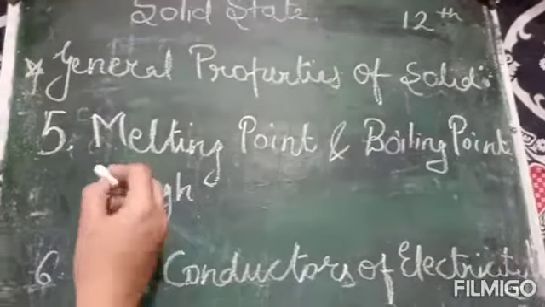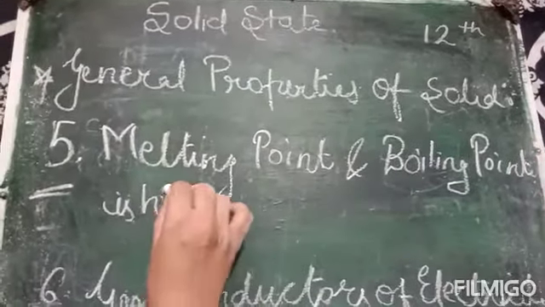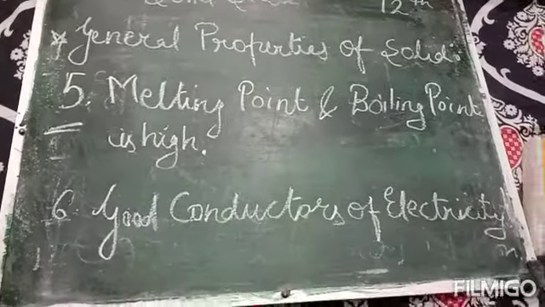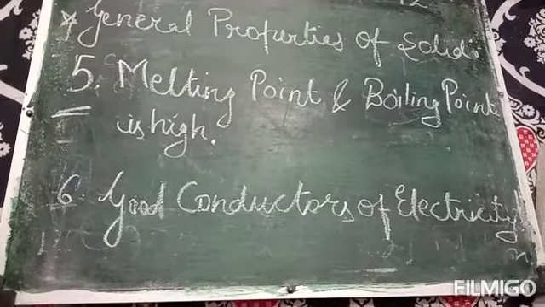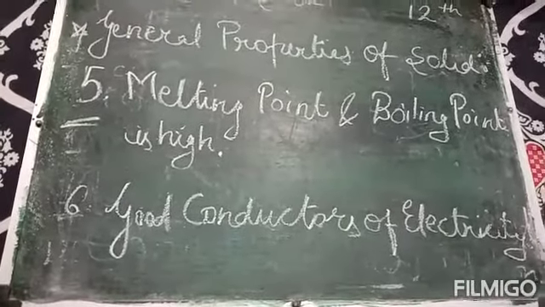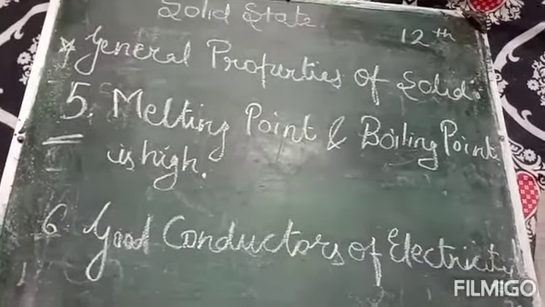Next point, that is melting point and boiling point. What is melting point and what is boiling point? So the melting point is that temperature at which the solid and liquid forms of a pure substance can exist in equilibrium.